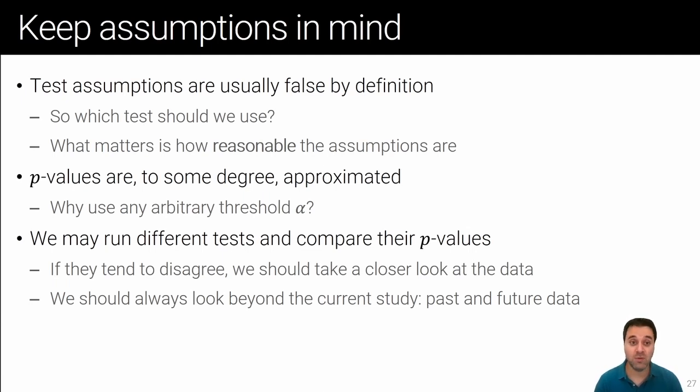What we can do is run different tests under different assumptions and compare their p-values. If they tend to disagree, then we should take a closer look at the data, keeping in mind these assumptions to try and understand better what's going on in our dataset. And we should always look beyond just the current study. So look at past data, look at future data if you can, collect more data.